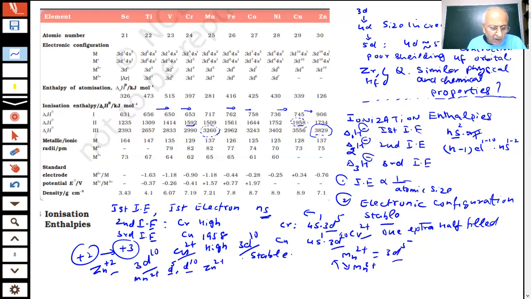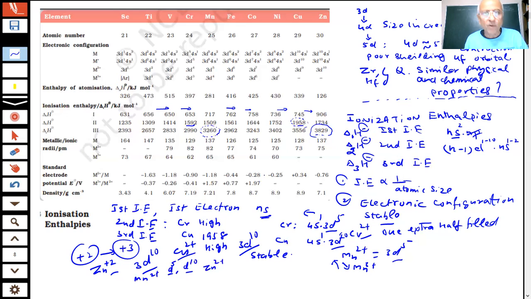So we are expecting that it will be difficult. Although we don't see a very regular type of trend, as it is dependent on many other factors, we can see how we explain these facts, student, in exams if questions are given. Sometimes more than one factor is involved, and oxidation states greater than 2 may not be possible for certain elements.